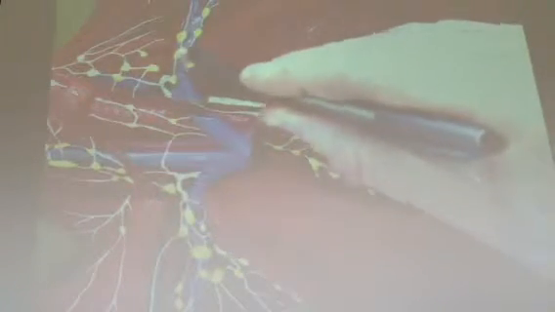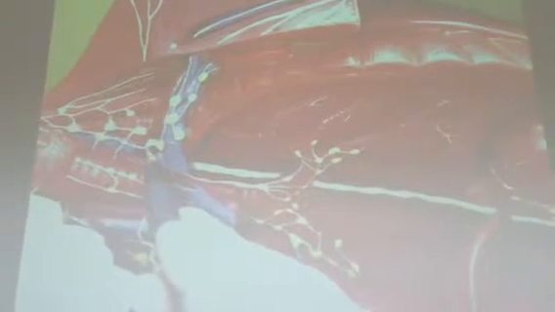Okay. On the left side, I've already shown you the left jugular trunk and the left subclavian trunk. It also has a left bronchomediastinal trunk. It's a little bit more difficult to see, but it represents this deep vessel here that curves, and you really can't see the connection, but just trust me, it's connecting into the thoracic duct on that side.